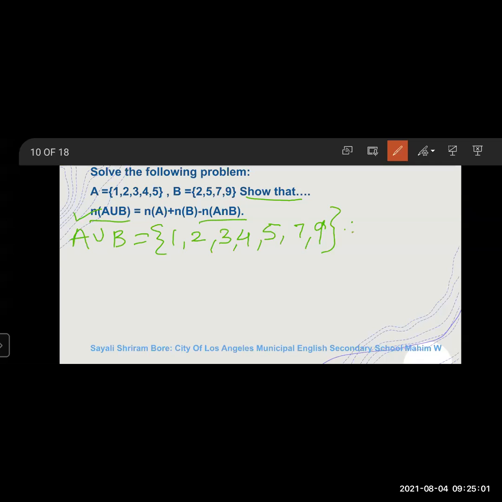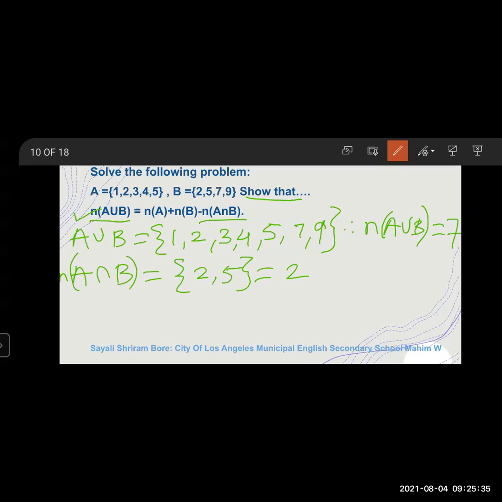Therefore N of A union B is equal to, how many elements are there? 7. Then A intersection B: intersection means common elements. The common elements are 2 and 5, so N of A intersection B is equal to 2.